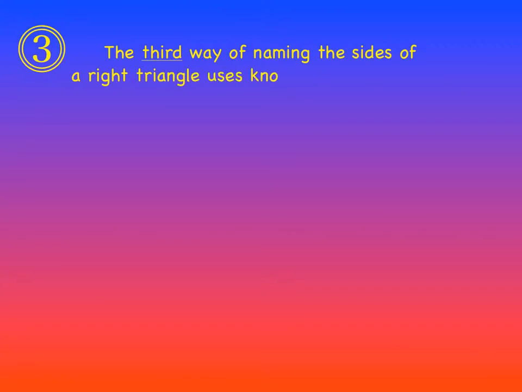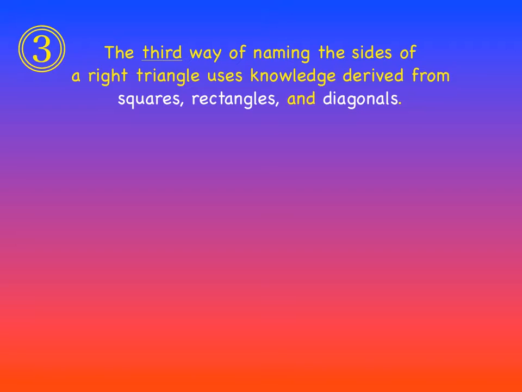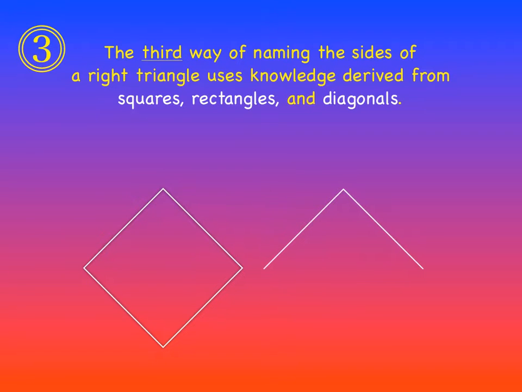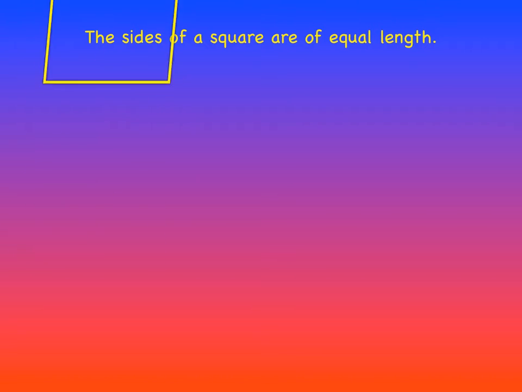The third way of naming the sides of a right triangle uses knowledge derived from squares, rectangles, and diagonals. The sides of a square are of equal length.